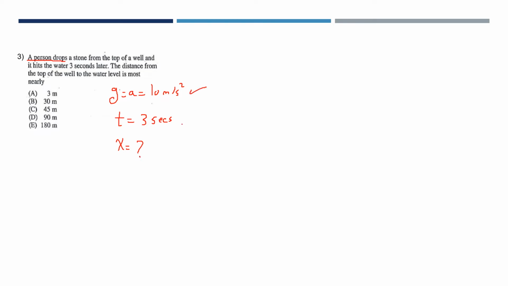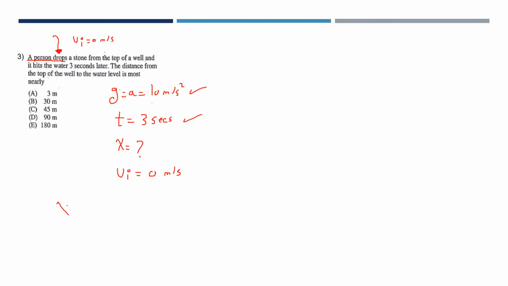Now we have 2 variables. We need the third variable to be able to solve this equation. The word drops means you have an initial speed of 0 meters per second. Don't forget, it's very important. We need to find the displacement x.